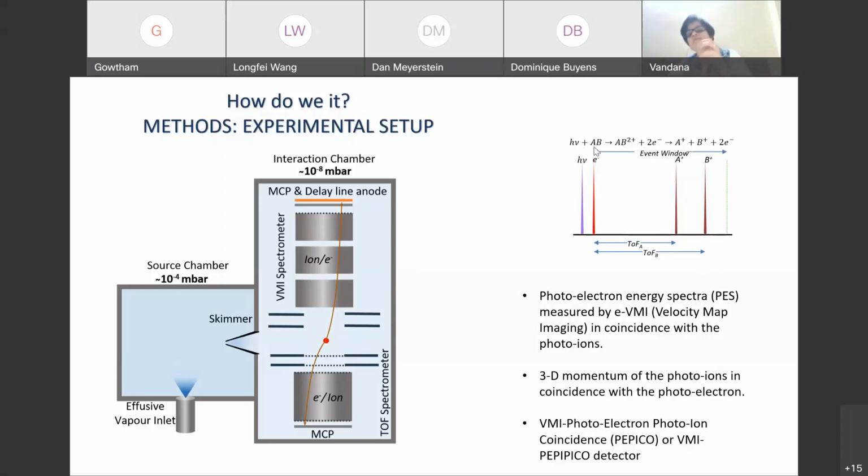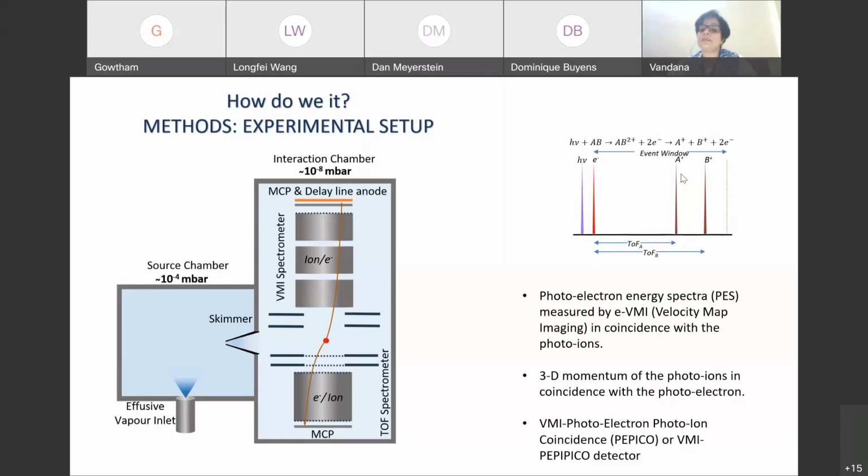So let's say the photon comes in, there is a molecule, let's say AB, and then let's say two electrons have gone out, and the leftover charge on the molecule is 2+. Because this is unstable, it will fragment into A+ and B+. I am able to measure A+ and B+ in coincidence.